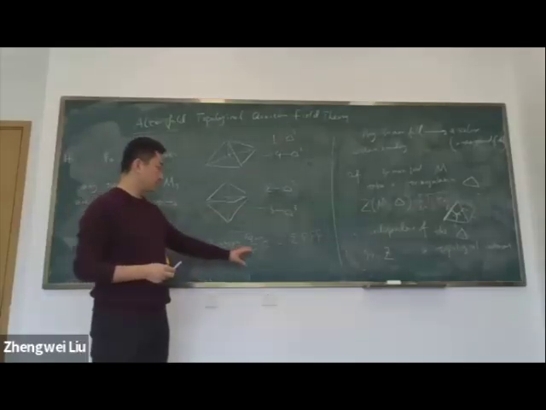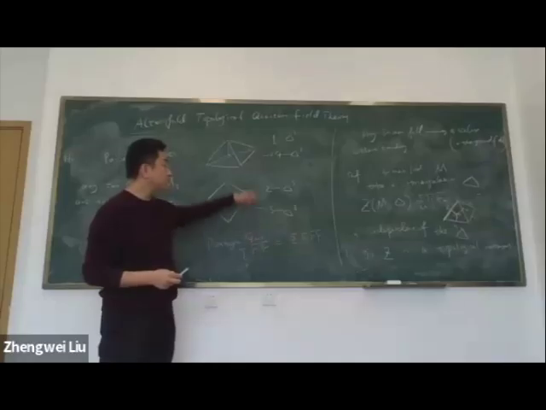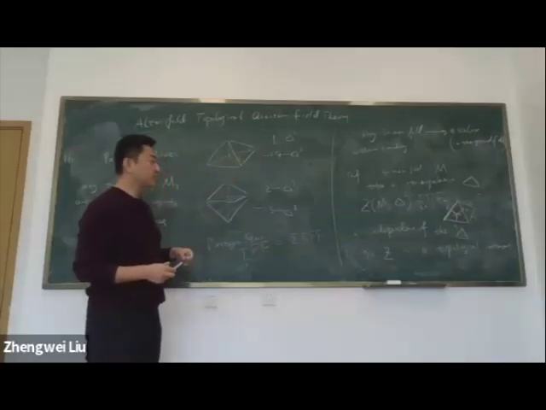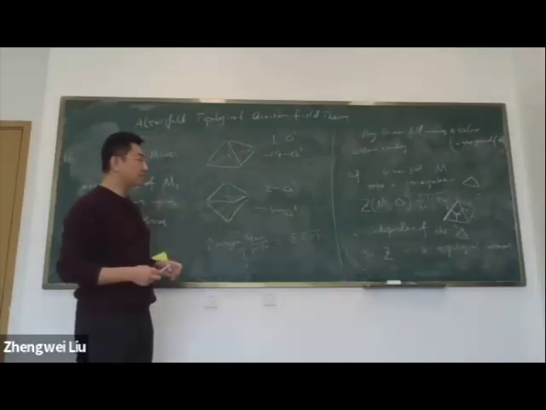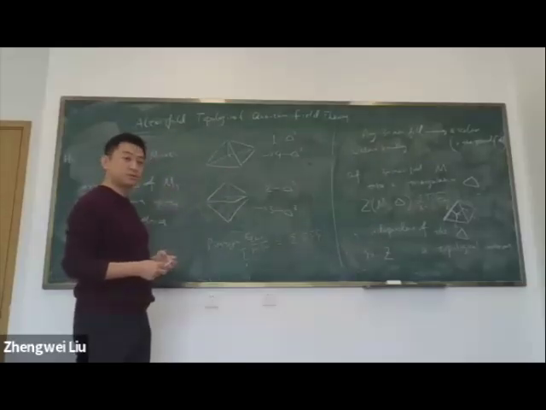And you can just change the basis from one side to the other side by the unitary transformation. They will also get the 1 to 4 moves. So this is kind of a proof that this partition function is invariant under the triangulation.